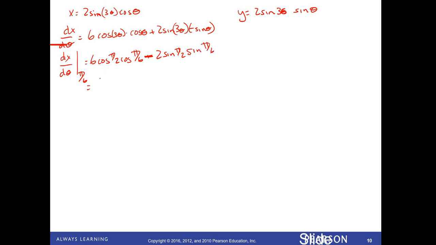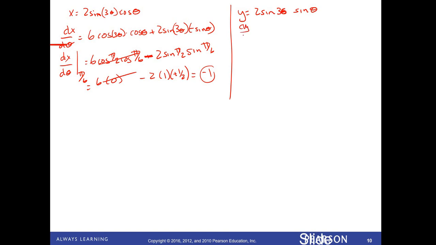Evaluating this, I get 6 times 0, none of the rest of that matters, minus 2 times 1 times 1/2. So this whole side equals negative 1.